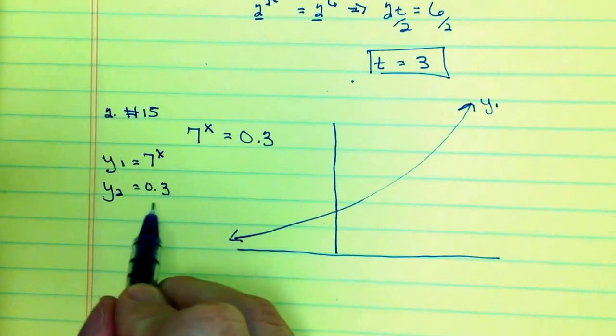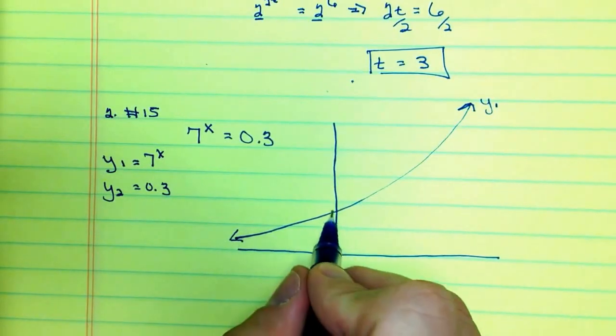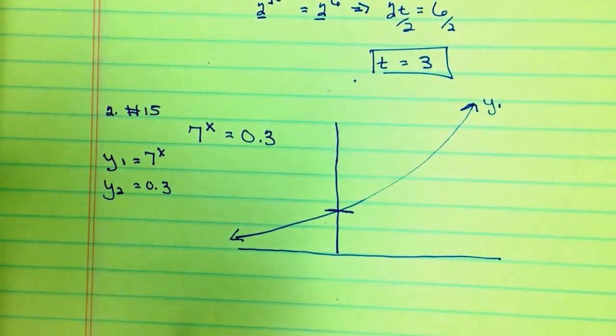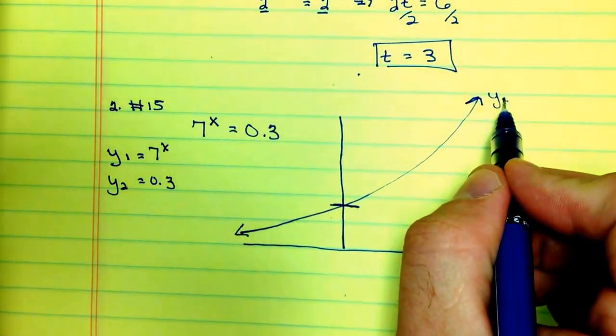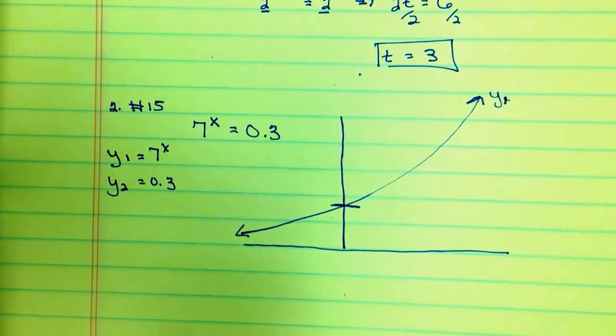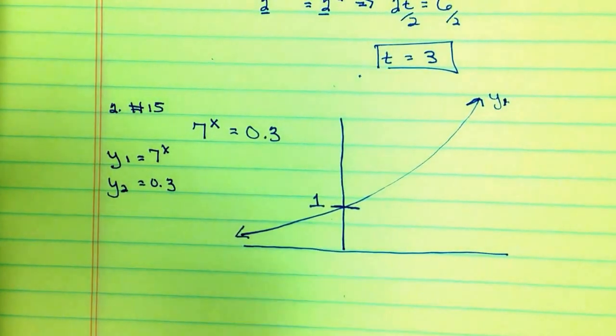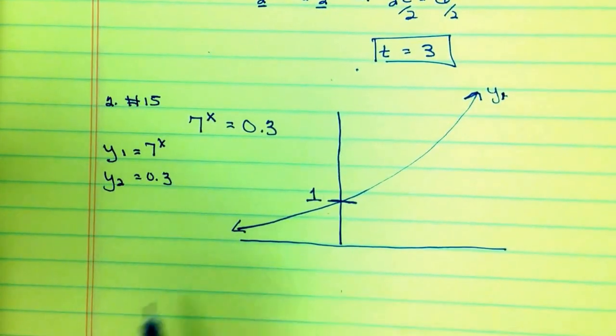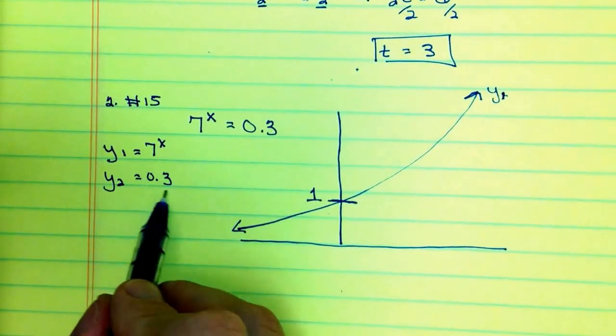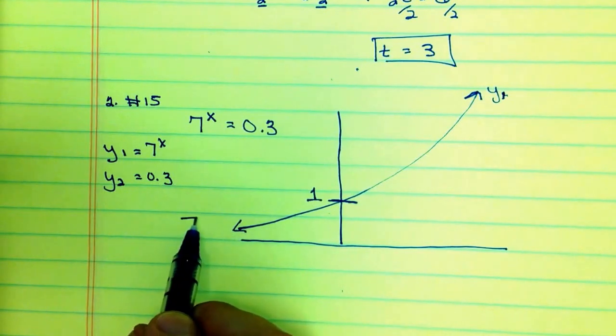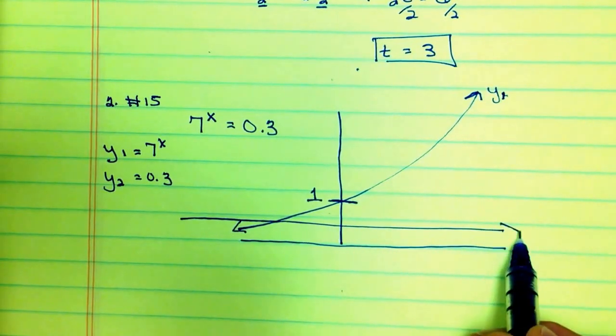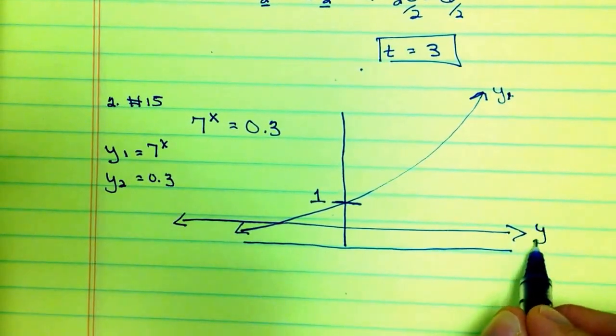And then what does 0.3 look like? Quick question: where does y1 intersect the y-axis? Right, at 1, because this is 1 times 7 to the x, so the initial value is 1. So 0.3 is lower than 1, so that would be something like that. That can be y2.